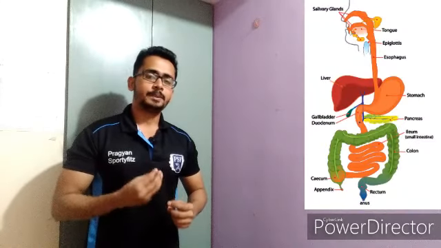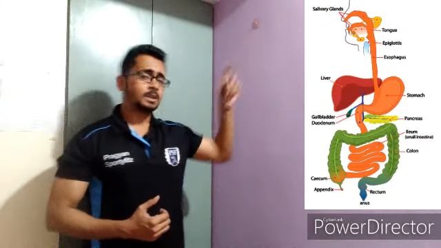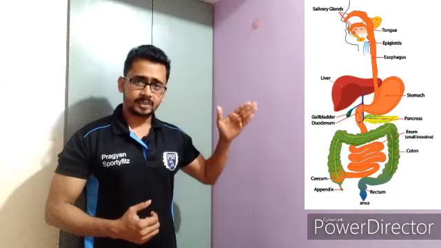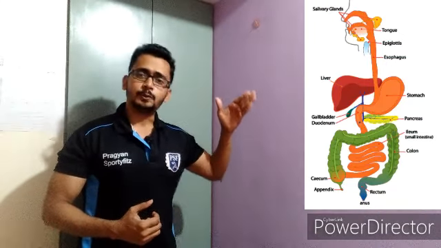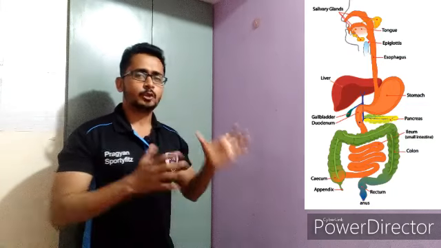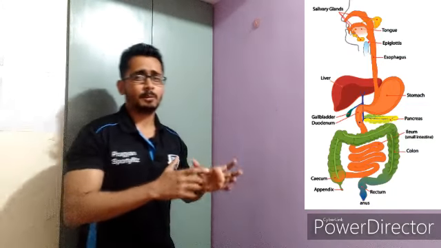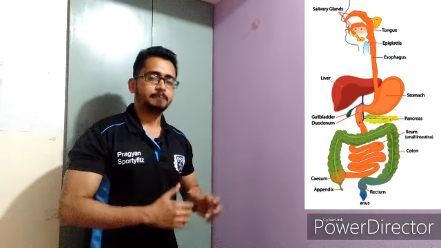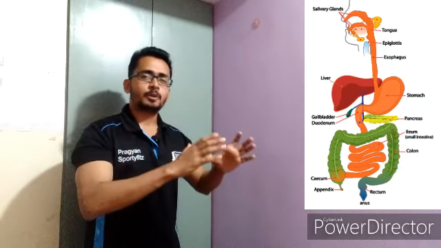The entire digestive system starts when we have food. Once we eat food, that food goes from the esophagus to the stomach, then the stomach processes that food with a couple of digestive enzymes and HCl acid, and in the stomach the food is converted into chyme.